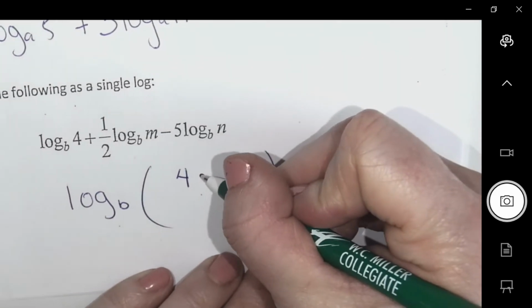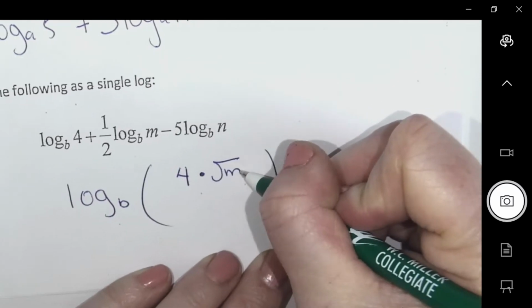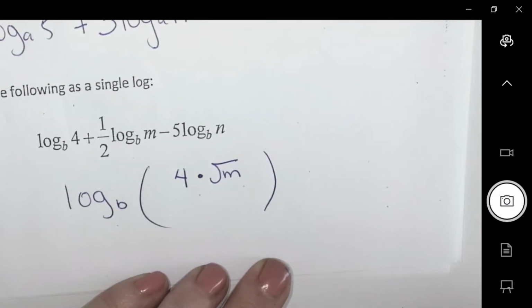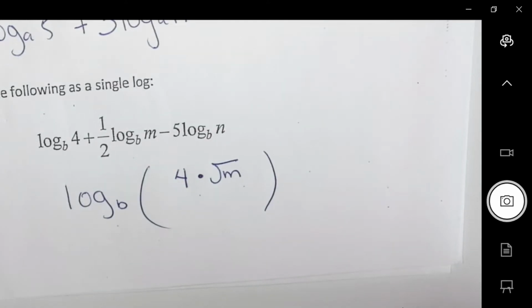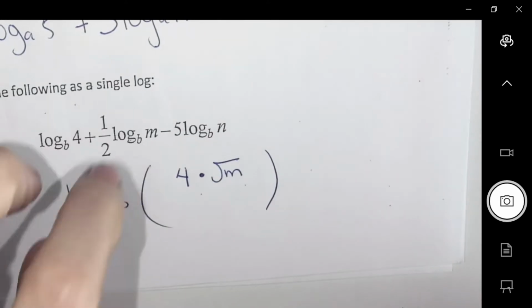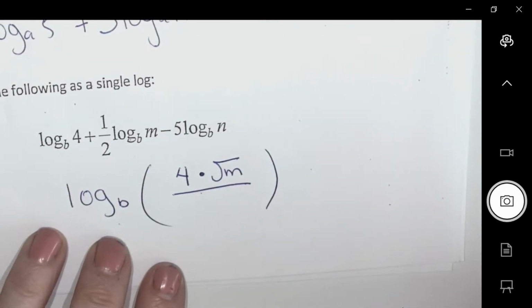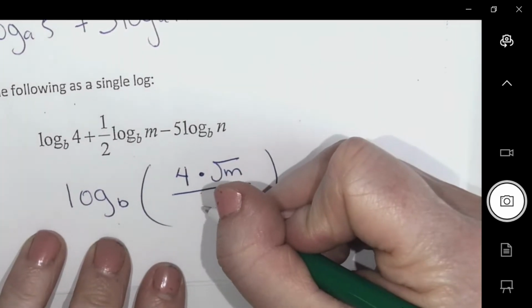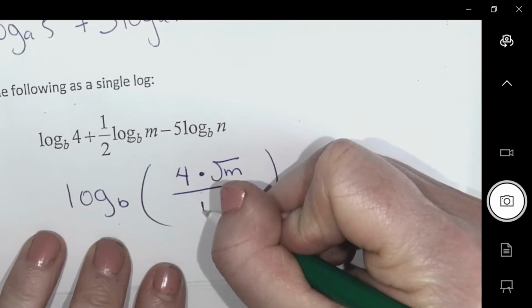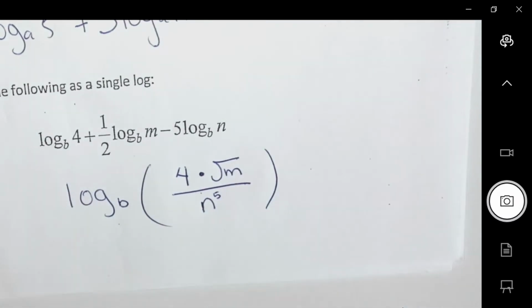So I'm going to times the square root of M. M to the half, yep. And then the subtract, so this is going to go on the bottom. Did you write n to the 5th?